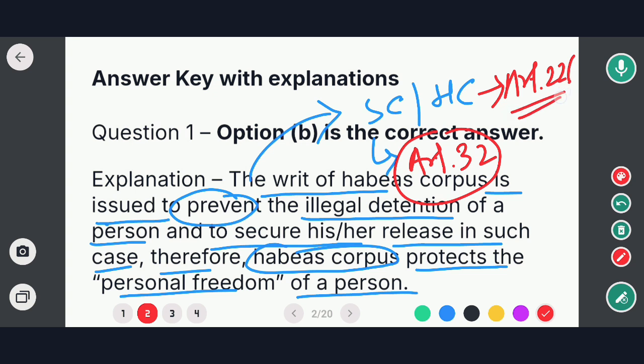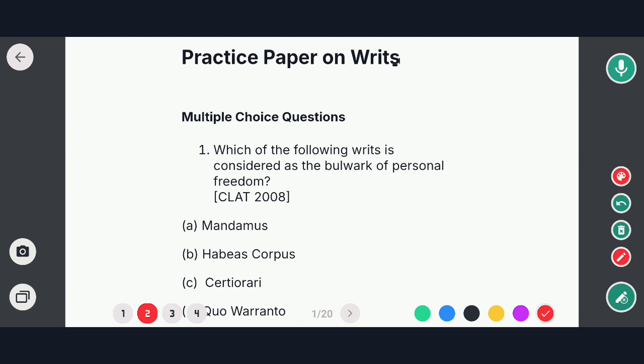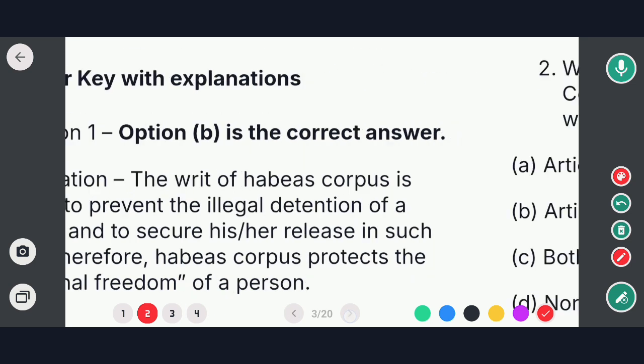So option B would be the correct answer. Now move to the next question.